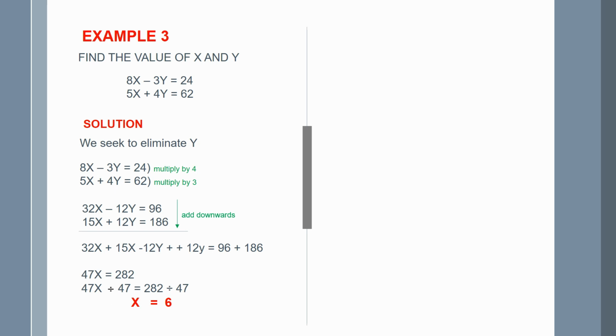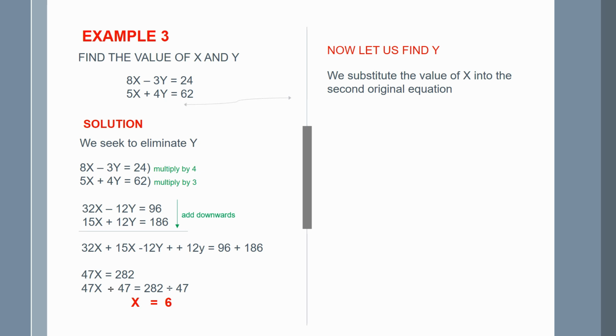To now find the value of y, we are going to substitute the value of x into one of the equations. For purposes of this example, I choose to substitute the value of x into the second equation. It reads 5x plus 4y equals 62.